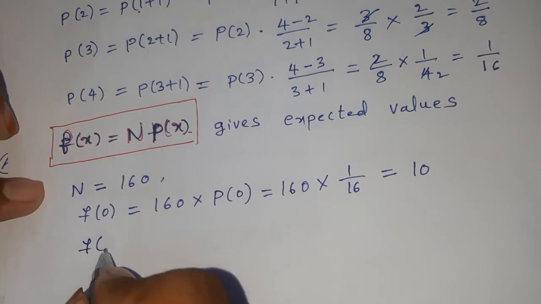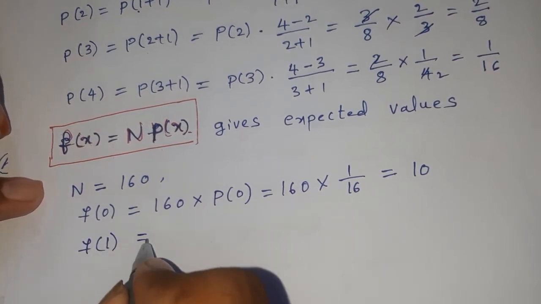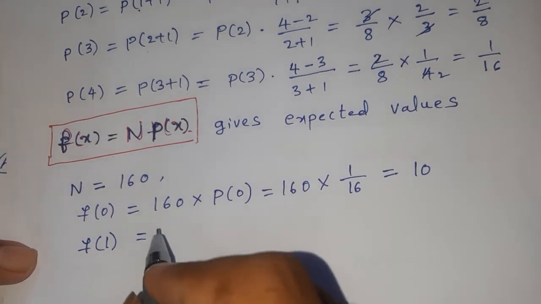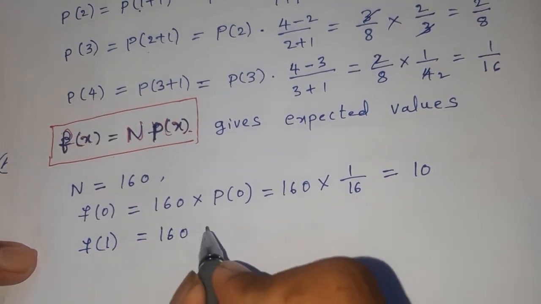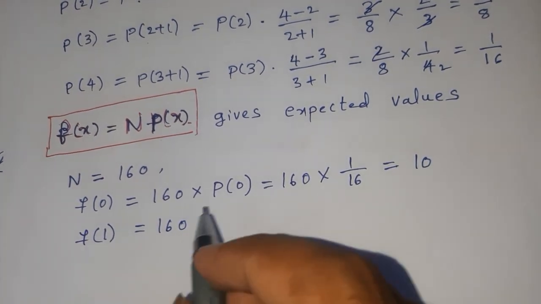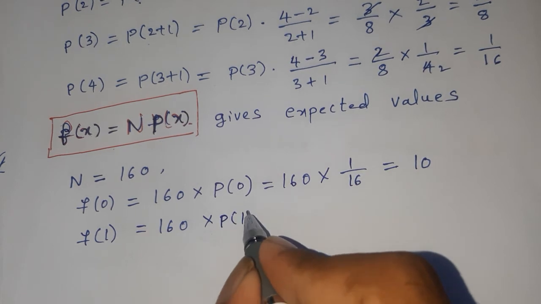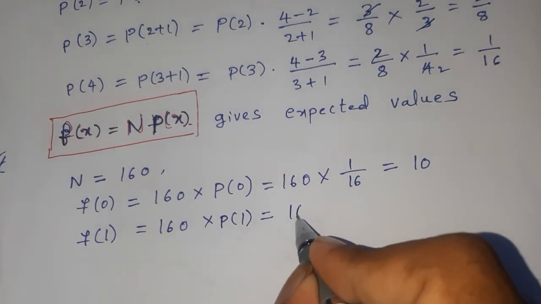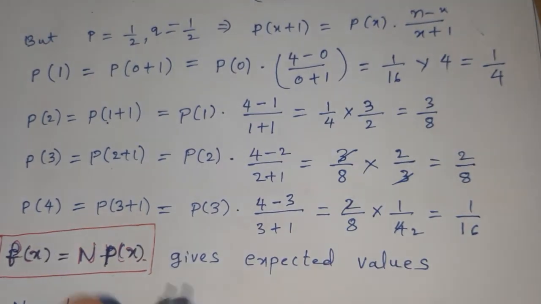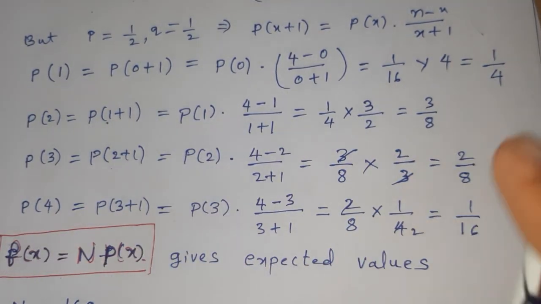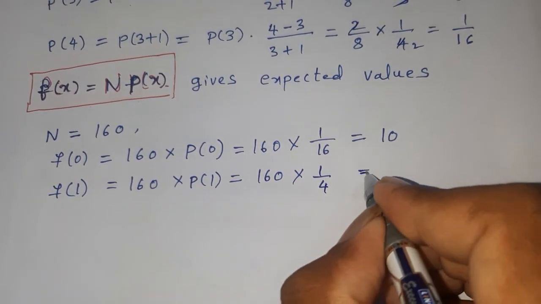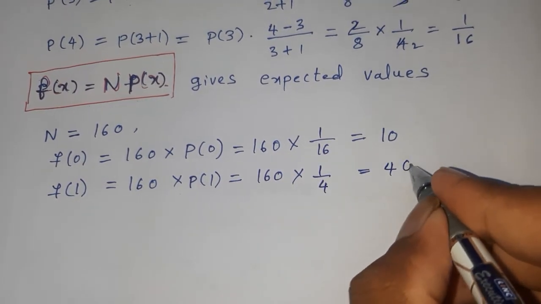Similarly, let us find the expectation for x equal to 1 head, a single head among 4 tosses. How many trials are there? 160 into p of 1. p of 1 is 1 by 4, so 40.